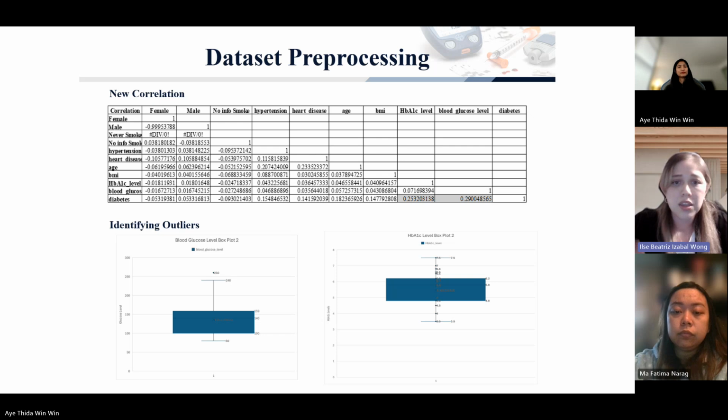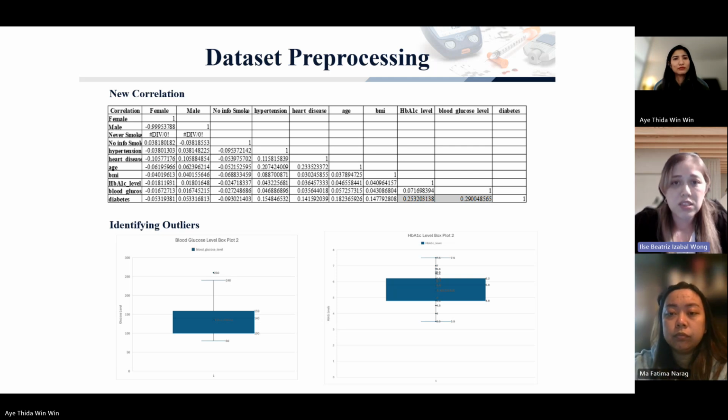Then we needed to redo our correlation matrix. Even with the reduction of the dataset, we found that HbA1c level and blood glucose level remain the main ones related to our predicted variable, which is diabetes.